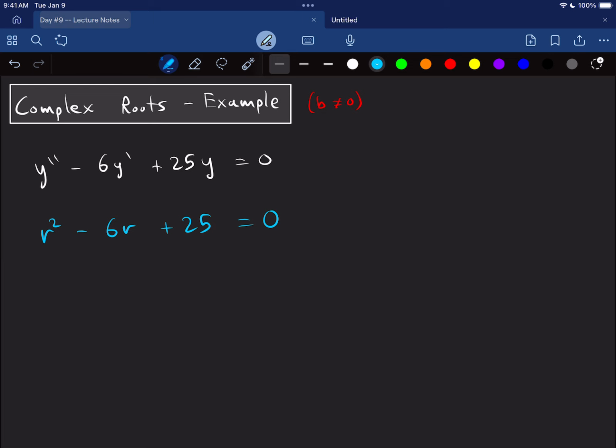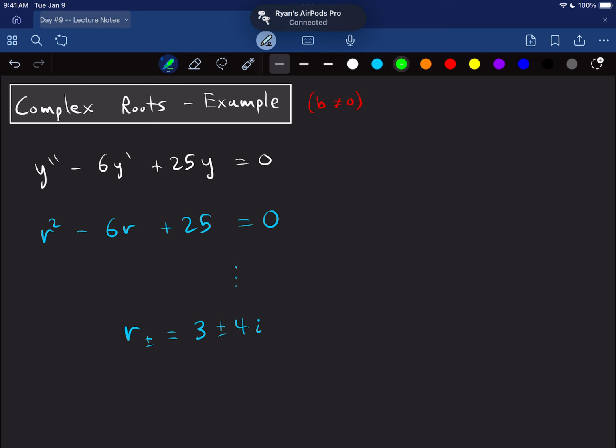If you go through the quadratic formula, or if you complete the square and solve it that way, however you do this, we get dot, dot, dot, and you get r plus or minus is equal to 3 plus or minus 4i.